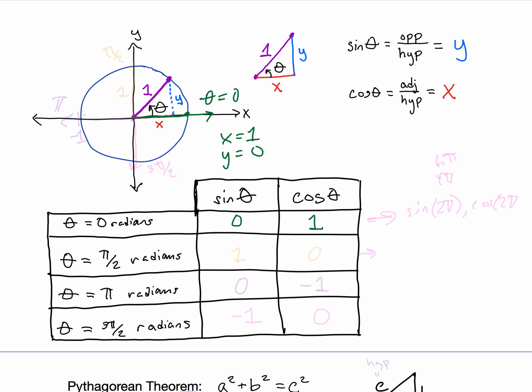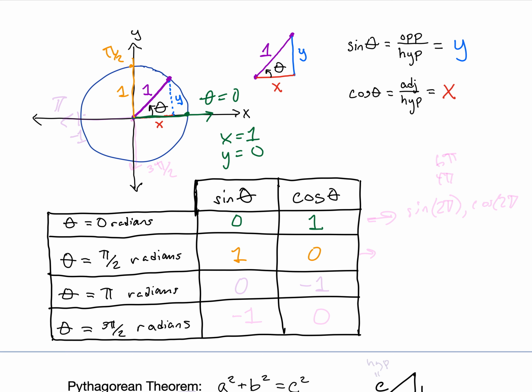Similarly, when we look at pi over 2 radians, we've got the opposite thing happening. So our y value is 1 and our x value is 0. So 1 for sine and 0 for cosine.